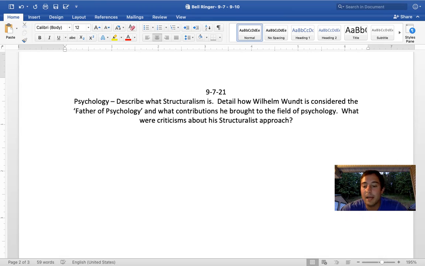And because it's in a laboratory setting, he constantly asks questions, right? He asks people what they see, what they feel, what they taste, what they touch, in order to describe that stimulus. With introspection, many people critique his approach to psychology because everybody has their own viewpoint. Everybody feels and experiences things a little bit differently.